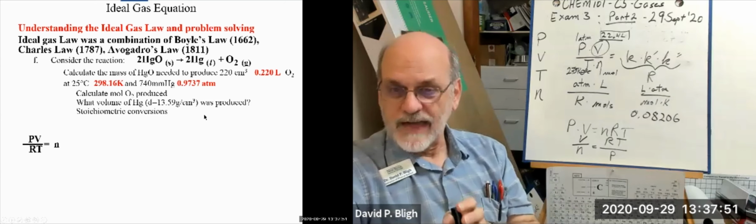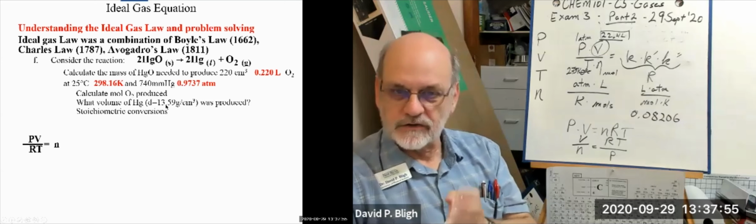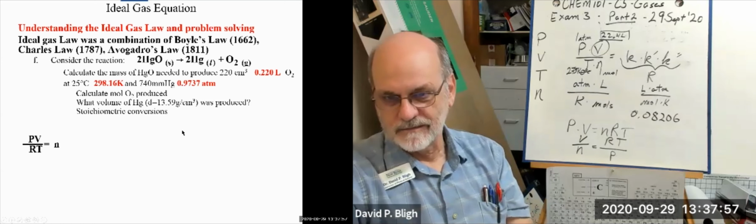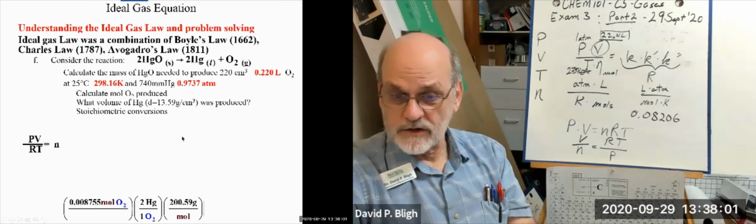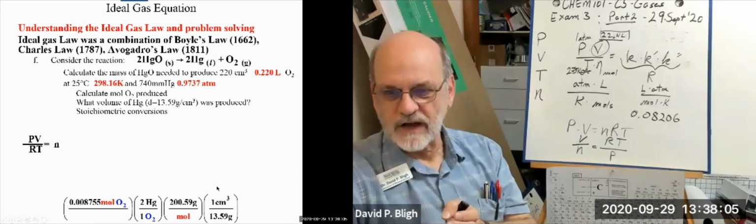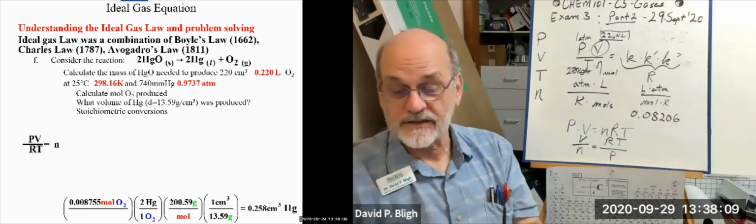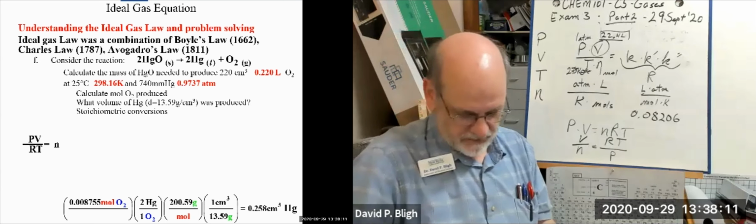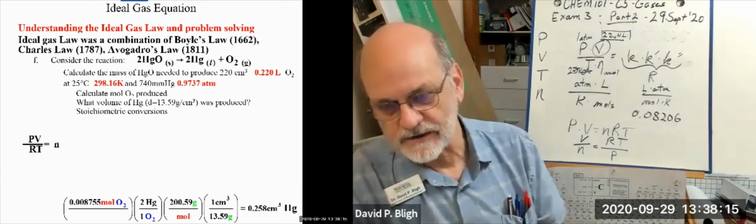Once you know the moles of that, you can find out the mass. And then once you know the mass, you can use density to convert it to volume. So that's what this equation does. Convert to mass, then use density, convert to volume. It's all dimensional analysis. Like I said at the very beginning, so many problems in chemistry are solved by dimensional analysis.